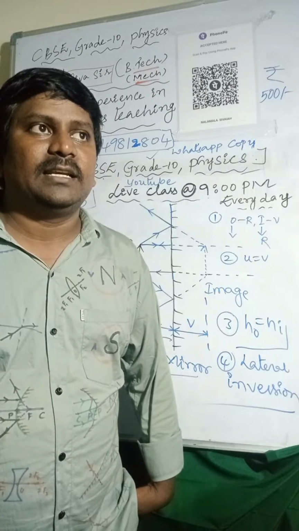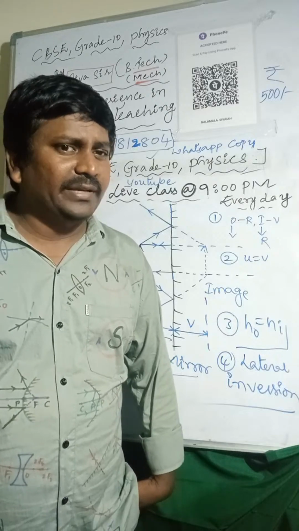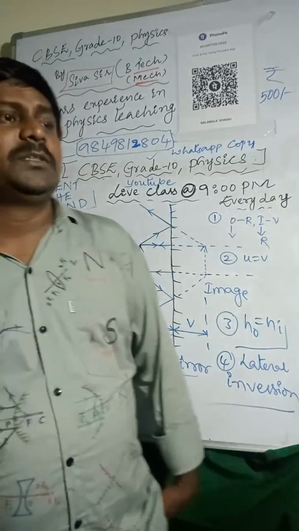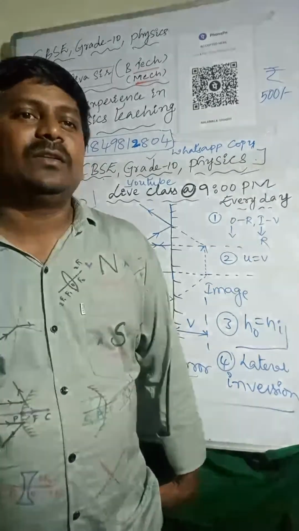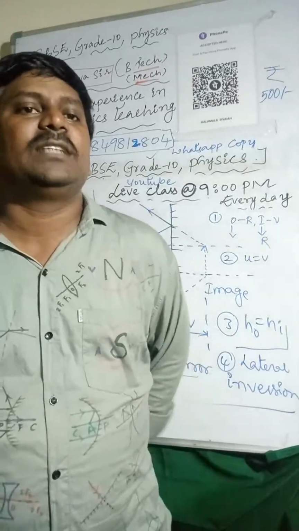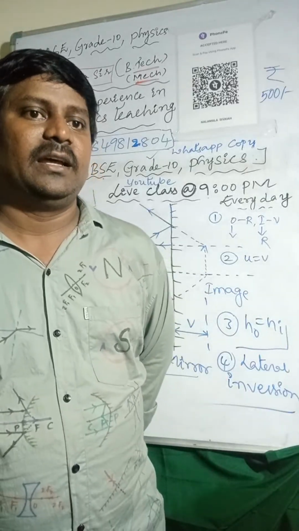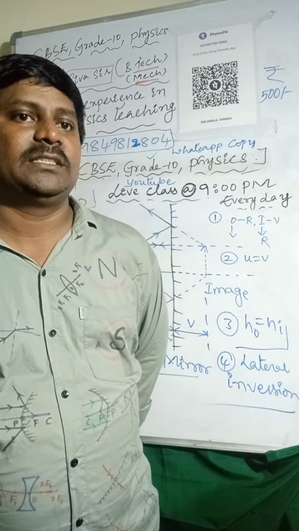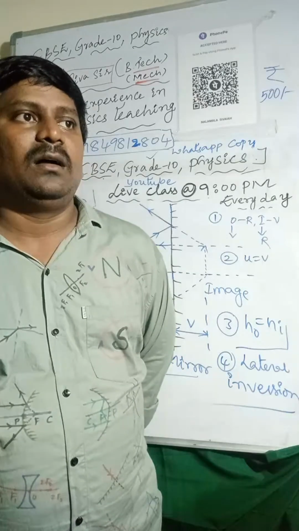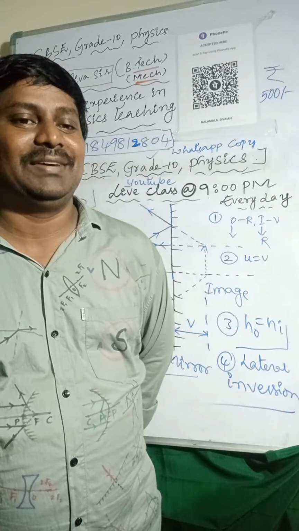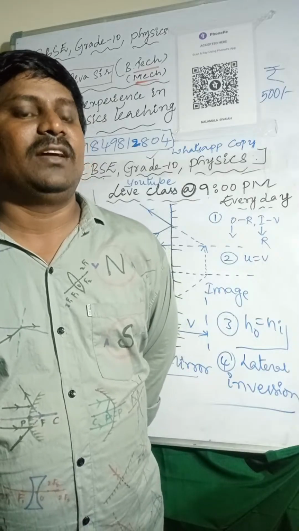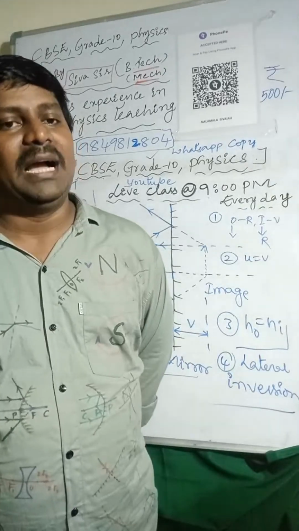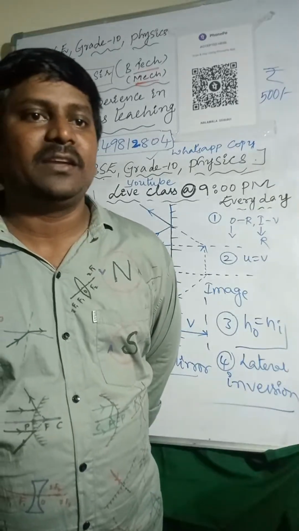We can go for terms related to spherical mirror, ray rules and image formations, and the next one, sign conventions. Just now I sang the song, no? That is only sign conventions. And the next one, mirror formula and magnification.